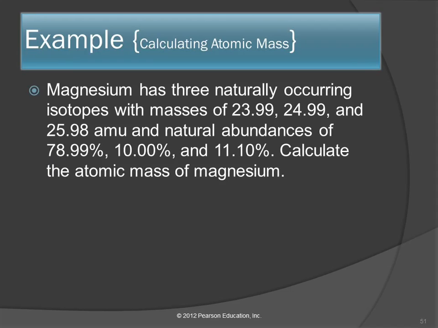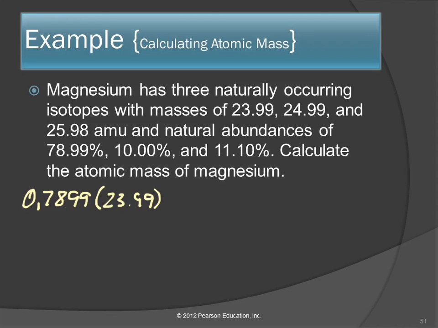So 78.99% becomes 0.7899. That means out of 1, 0.7899 would be this guy. And then the mass for that first one is 23.99, so we're going to multiply by that.